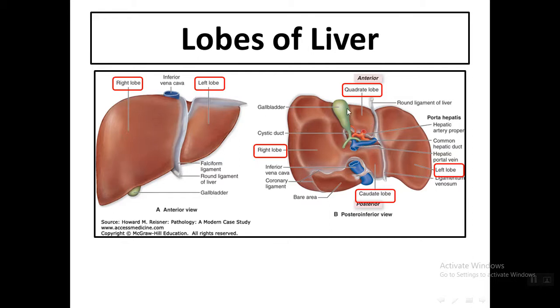On the visceral surface, by the presence of the gallbladder and the inferior vena cava, the fissure for ligamentum venosum, and the fissure for ligamentum teres, and by the presence of the porta hepatis at the middle, it will form an H-shape boundary that will separate the quadrate lobe inferiorly and the caudate lobe superiorly. Functionally, the caudate and the quadrate lobes are regarded as a part of the left lobe.